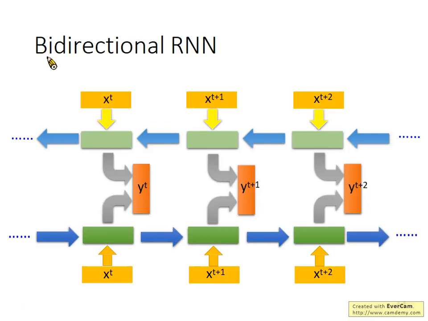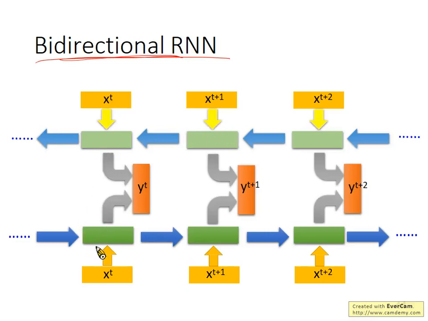One variant is called bidirectional RNN. In the previous slide, we just considered the information from previous words, but actually we can also consider information from the following words.